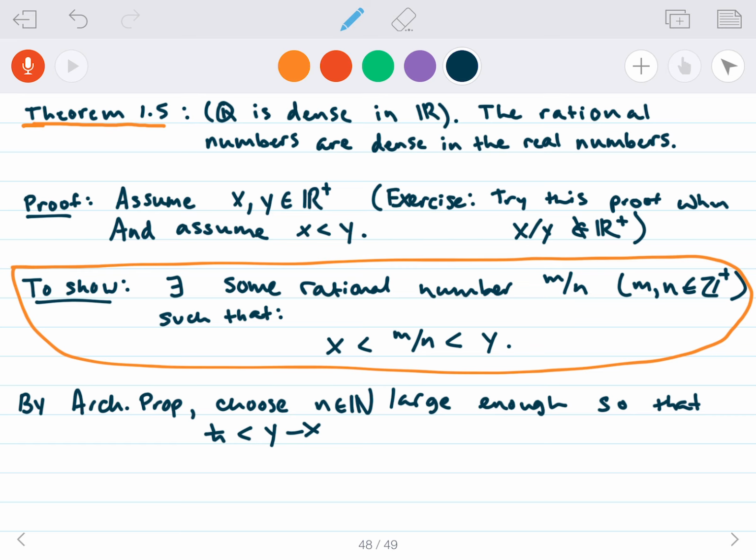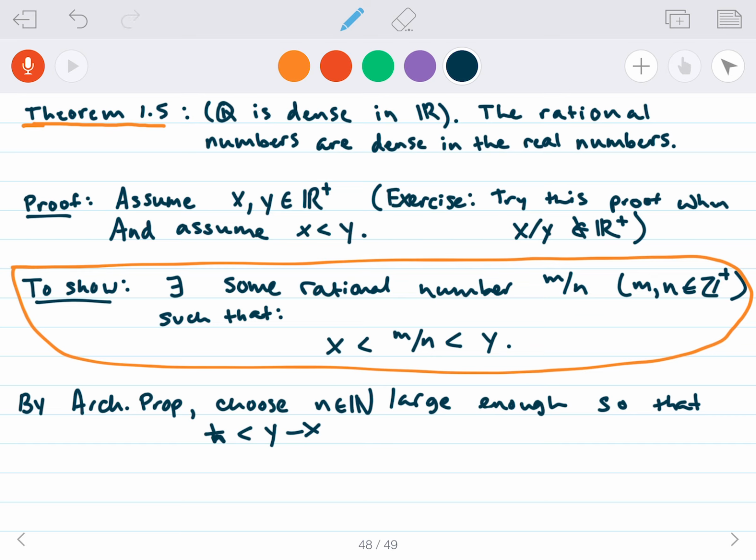We can always choose little n, like if you rearrange the inequality, this says n is greater than 1 over y minus x. So this is a real number, and you can always choose a little n so that it's bigger than that real number. Okay, so just using the Archimedean property here.